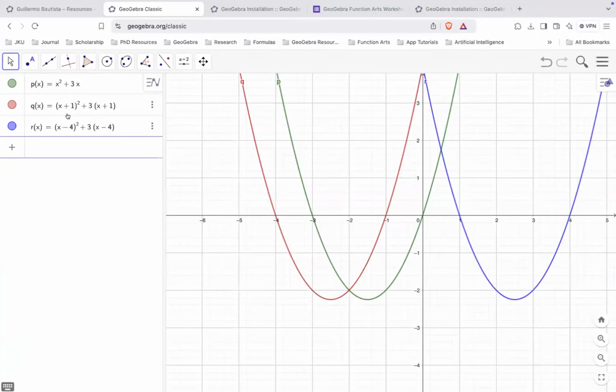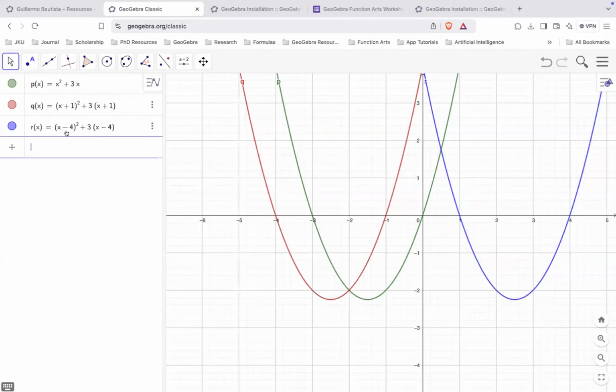If you have a plus 1, then the shift is to the left. It's a little bit counterintuitive, di ba? Because if you think about it, when you say plus 1, it should be on the right. But here, it's on the left. And for minus 4, it's on the right by 4 units. So that is something that you need to think about.